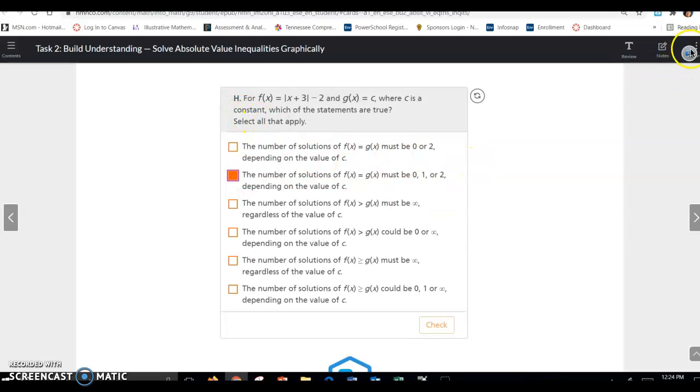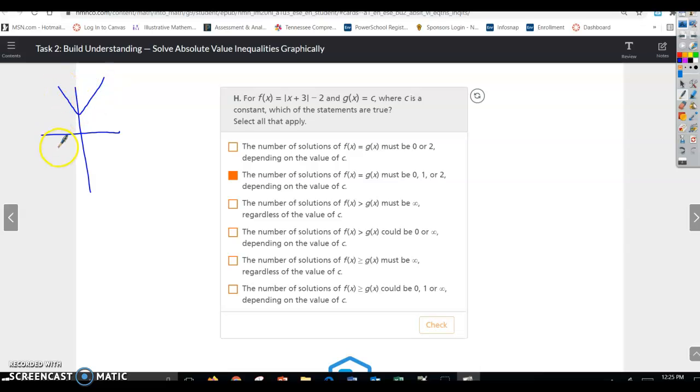Let me sketch that out here so you can visually see that. If I can get my pen to work here. All right, so if you have an absolute value function, it's saying you've got 2, 1, or 0 solutions. If I have a V-shaped graph and then the constant function down here, there's no intersection points, so there would be 0 solutions.